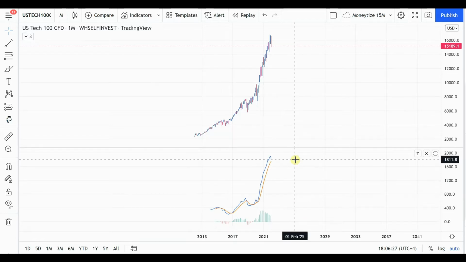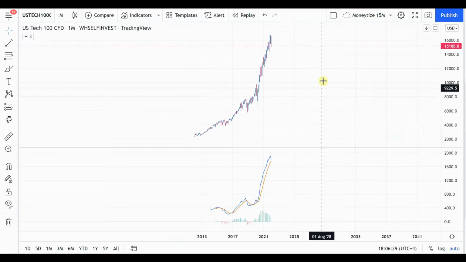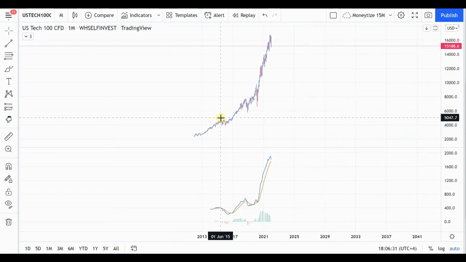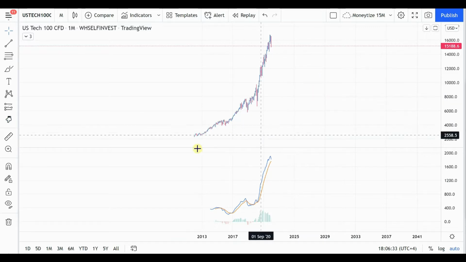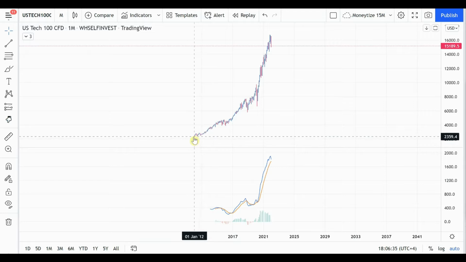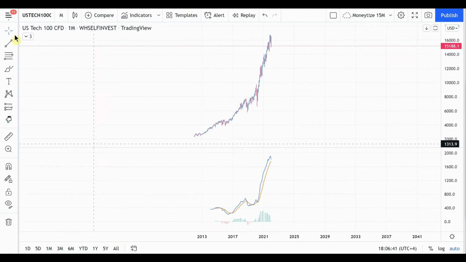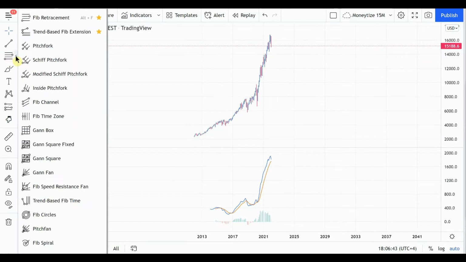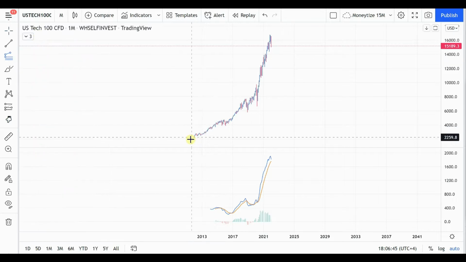So let's start the analysis, and as usual we are starting with the highest time frame, which is monthly. On the monthly, we do not have the data prior to Jan 2012 on this platform, so we'll just mark the levels taking the fib extension.